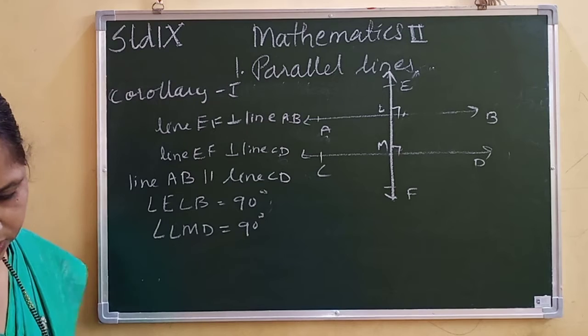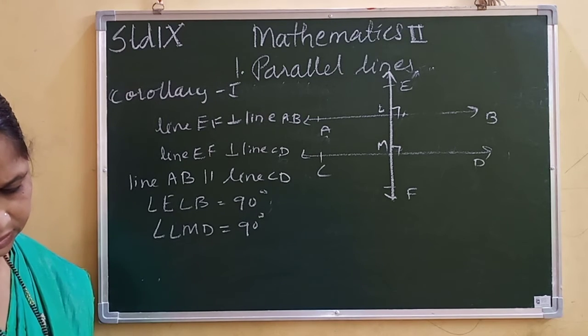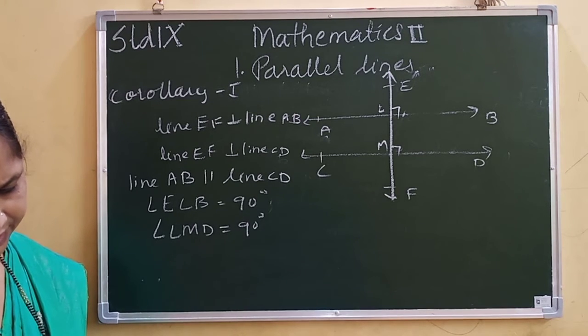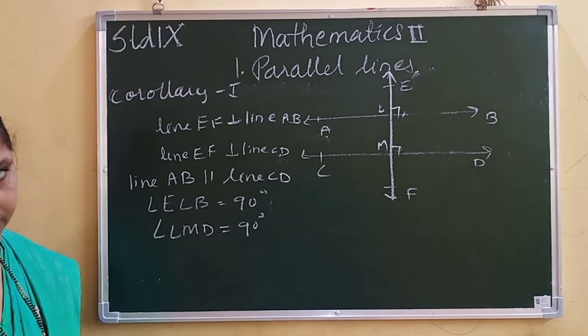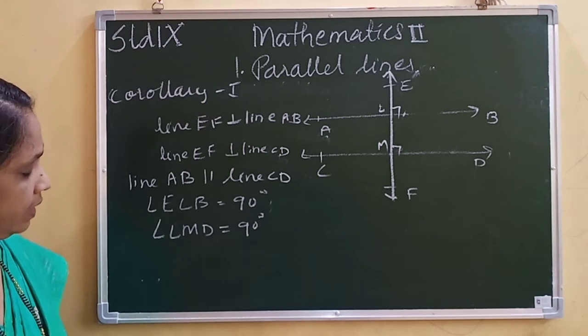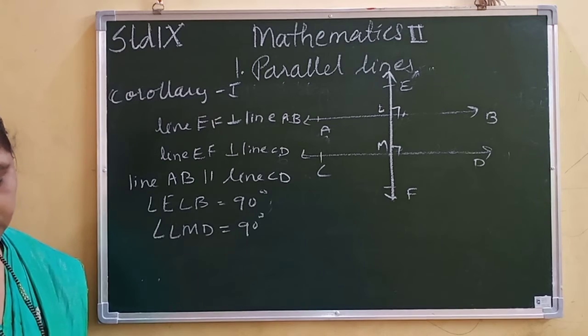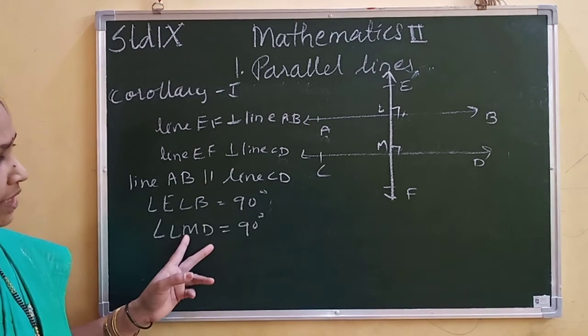Okay, so these are given 90 degree, 90 degree. So what we can say, angle ELB is equal to angle LMD.